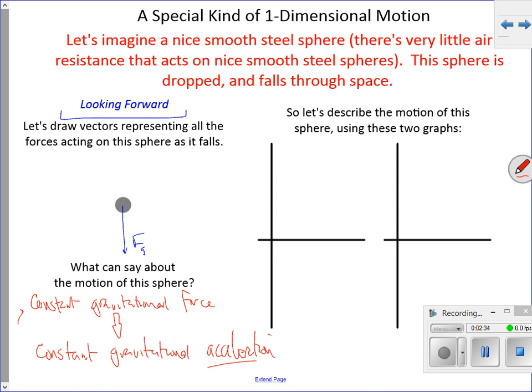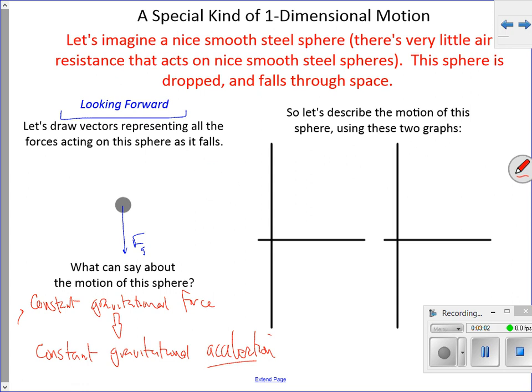But the weird thing is that everything that accelerates under the influence of gravity has the same gravitational acceleration. We're going to get to why that is in a couple more weeks. But for now, you've seen it: drop a bowling ball, drop a little tiny mass, and they accelerate at the same rate downward, even though the forces on them are very different. That's a weird one, but like I said, we'll get there.